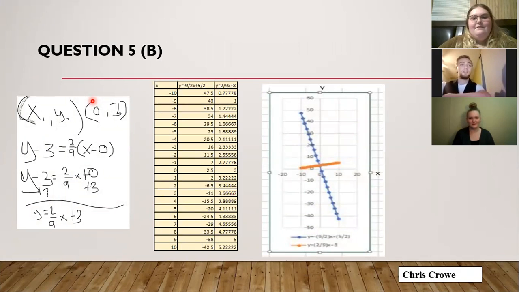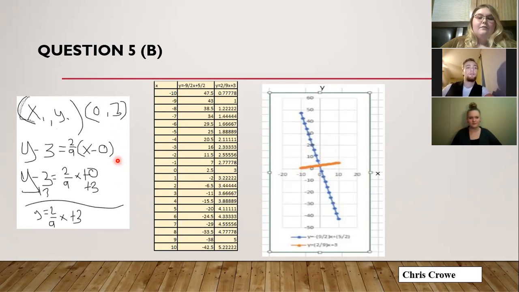So as we see here, we have our math drawn up on the left side, and it pretty much is just the repeat of part A of question 5. We're going to take our x and y and plug in the numbers. In this case, y minus 3 is going to equal 2/9 times x minus 0.